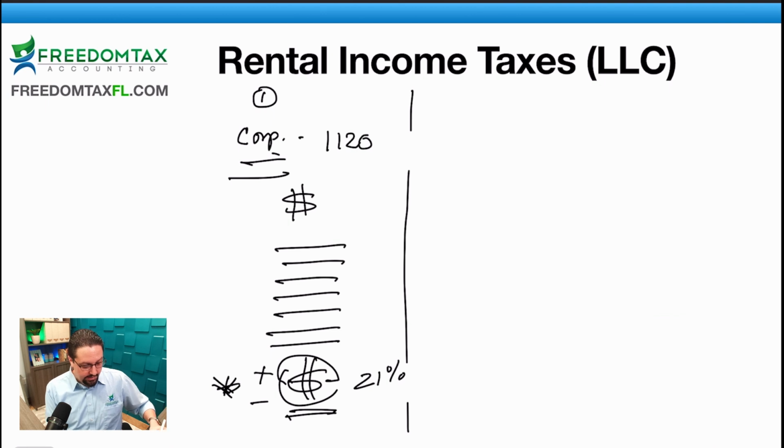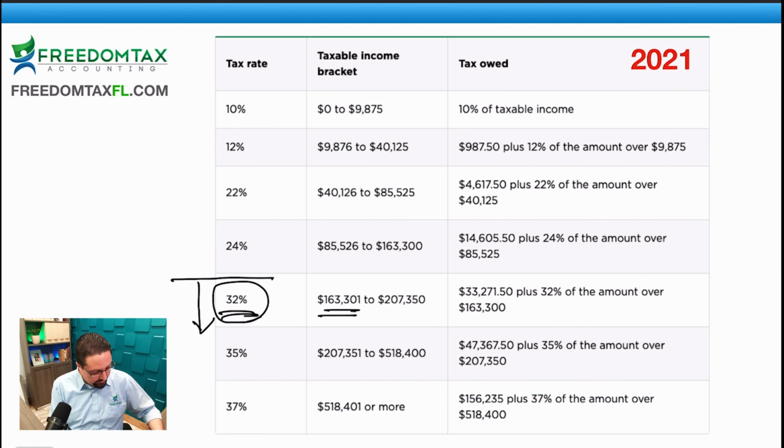Now, the 21% corporate tax is the current rate. The current administration wants to increase this to 27 or 28%, but it's still lower than the 32% over here.